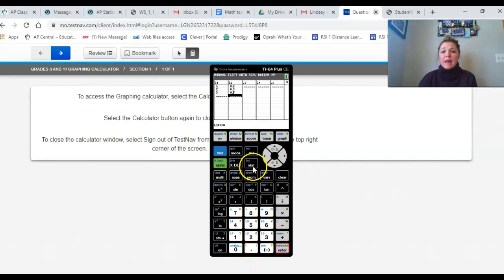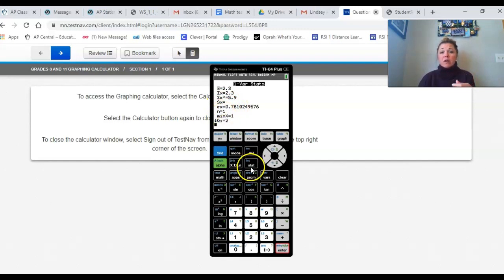Then I'm going to go to Stat, arrow over to Calc, One-Variable Statistics, L1, and then L2, and then calculate. You'll notice if you've done it right, your Sx will be missing. So this is the expected value, 2.3, and this is the standard deviation of that as well.